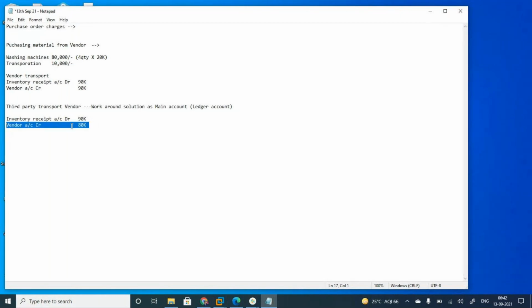Now I need to pay the third party vendor 10,000. Agree with me? Everyone, is it clear? We will not pay the 10,000 to the vendor, because this is provided by one transport company. For that, I need to pay this 10,000.